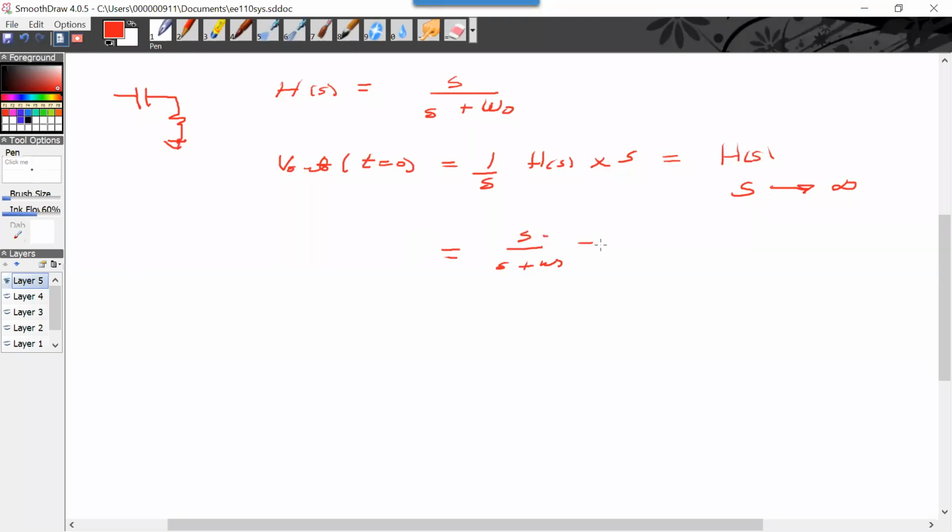We get S divided by S equals 1, T going to infinity. Now I'm just going to use, and this is only true for step functions, right? In fact, if you were going to use the impulse, that would be different, but it's pretty convenient to use this for a step function where S goes to 0.